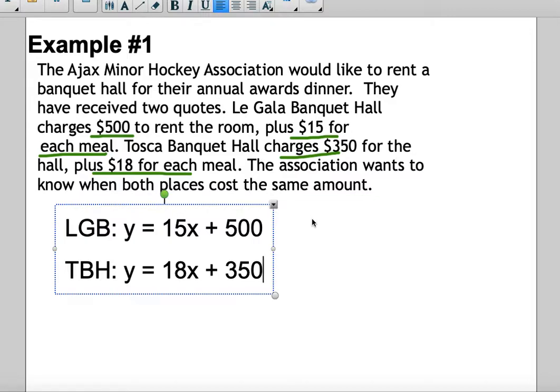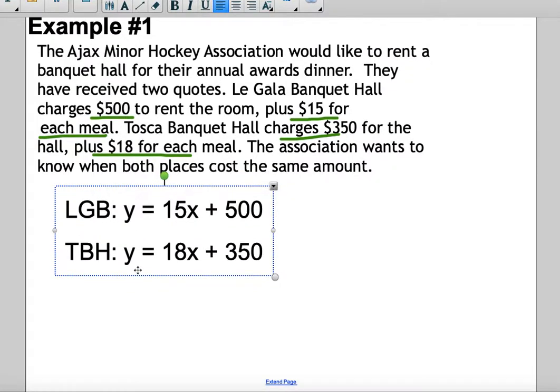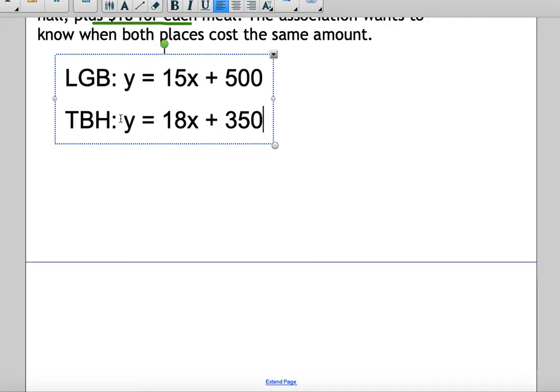So when we look at these two examples, we've got y equals 15x plus 500 for the first banquet hall. And then for the second banquet hall, we've got y equals 18x plus 350.